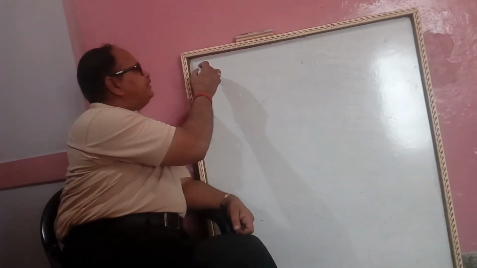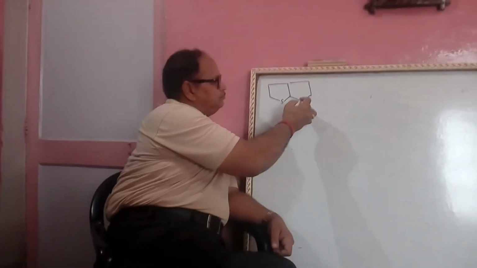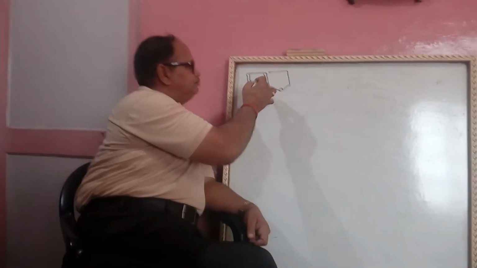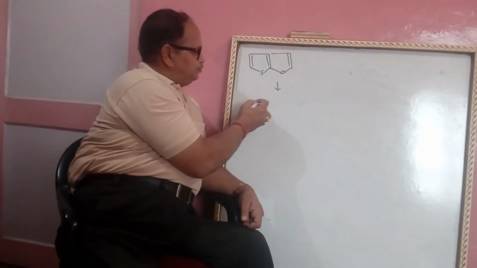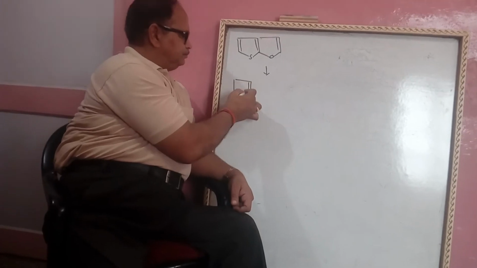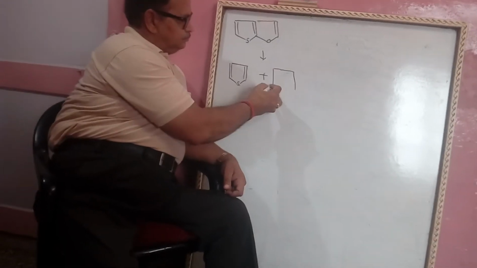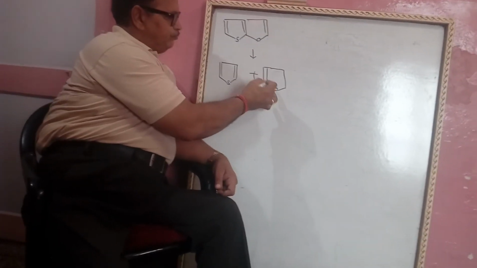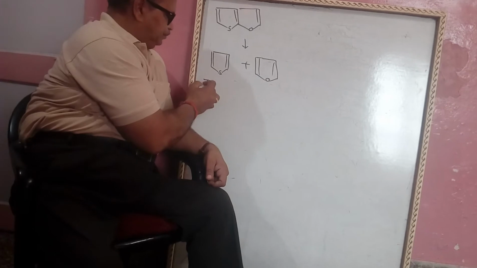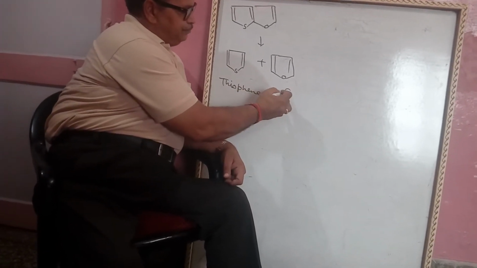If the fused heterocyclic compound is this, then it can be dissected into thiophene and furane.